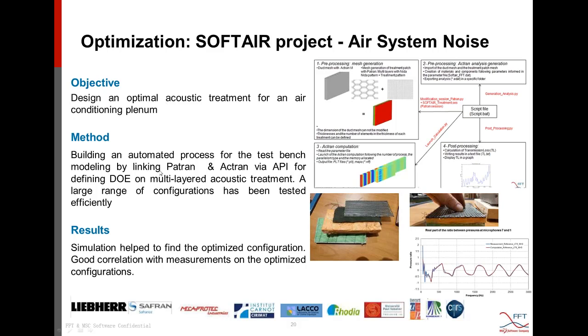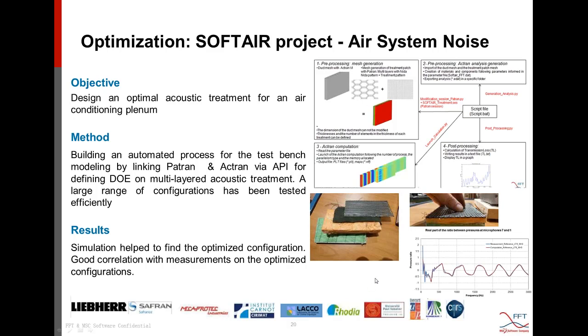Now, in particular, in this project, we use API to link Actran and Actran to generate the mesh to vary the different parameters like the porous material properties or the shape of these honeycomb parameters.